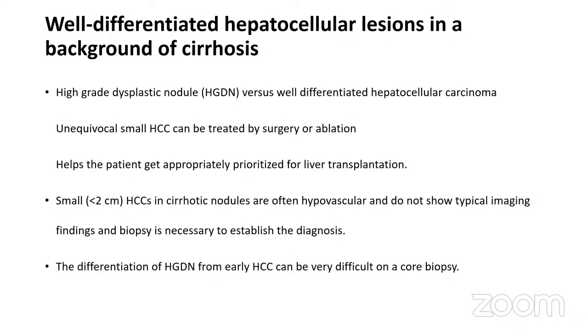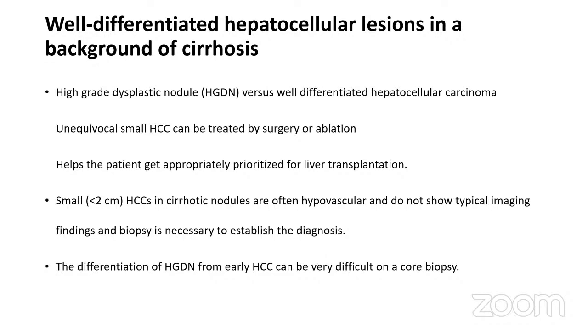So let's talk a little bit about the well-differentiated hepatocellular lesions you would see in a background of cirrhosis. The two most important ones are high-grade dysplastic nodules and well-differentiated hepatocellular carcinomas.